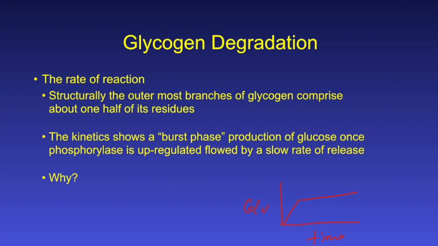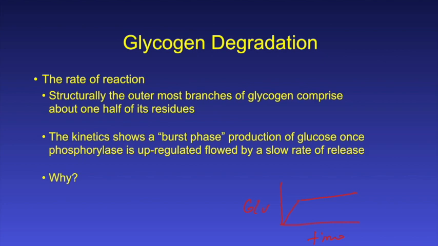Physiologically, this is important. What would this burst phase allow for in a physiological or real sense, in real life? What might this give an advantage to? Being able to move quickly. The lion coming at you.